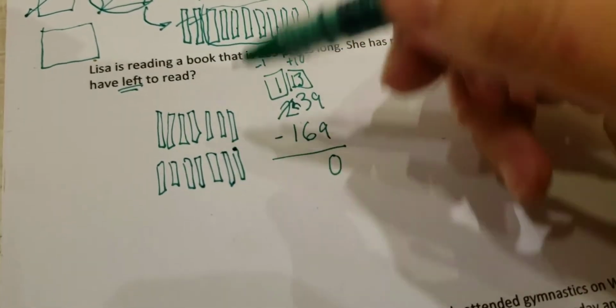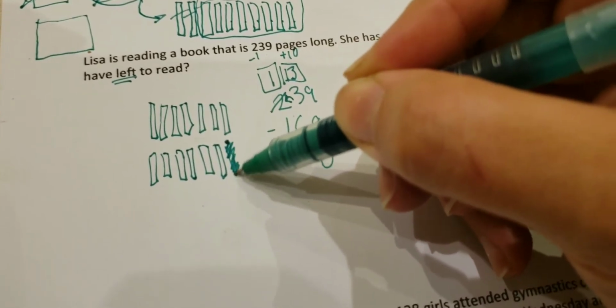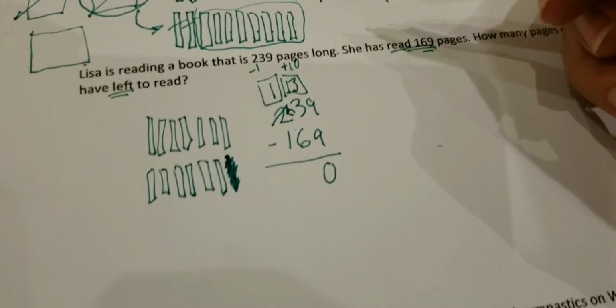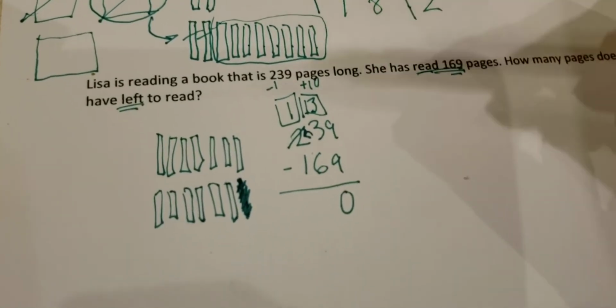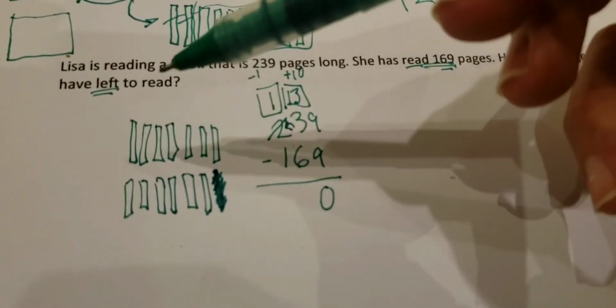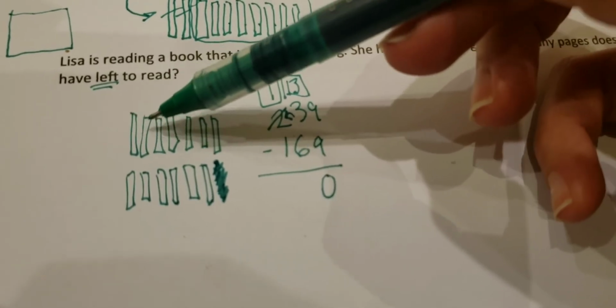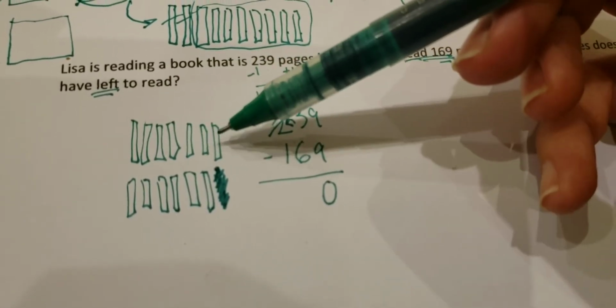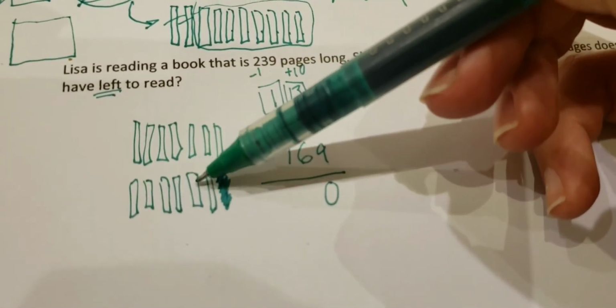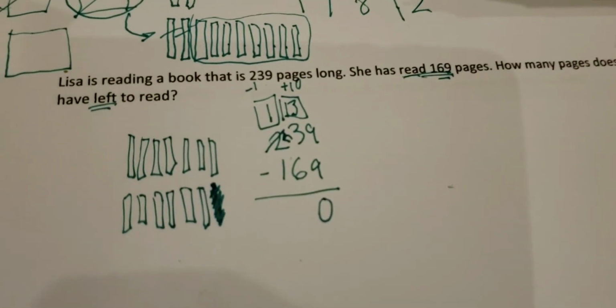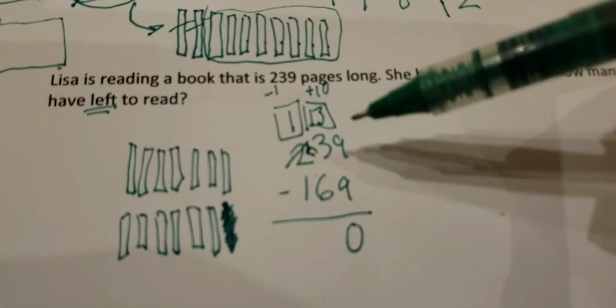Oopsies, I drew too many. Oh no. And you know, sometimes that does happen. So when you draw these base 10 blocks, make sure that you check that you're drawing it correctly. So I'm going to count again. 1, 2, 3, 4, 5, 6, 7, 8, 9, 10, 11, 12, 13. Okay, that's correct.